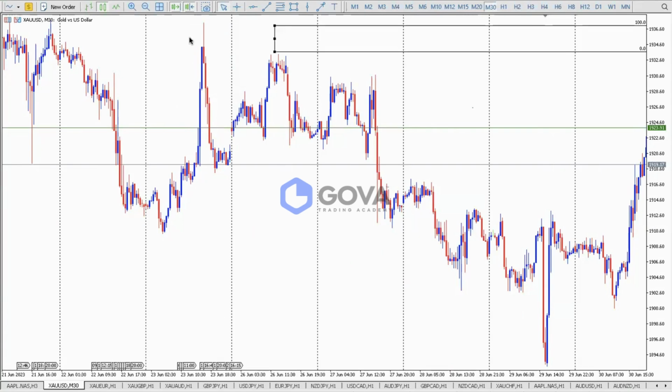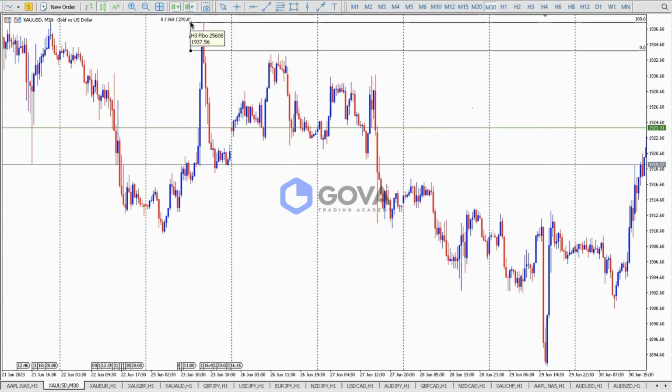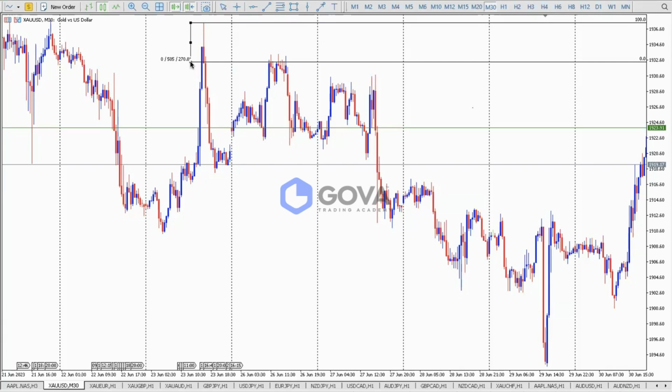Just go back and watch the video on how to mark proximal line and distal line. I'm going to highlight the area with my yellow box to mark this area as my area of concentration.